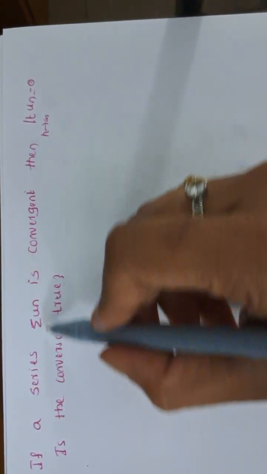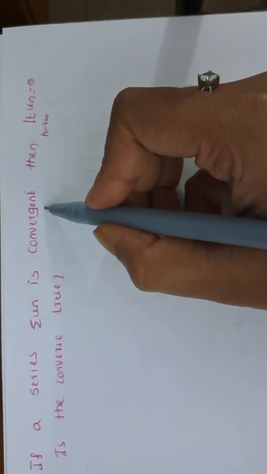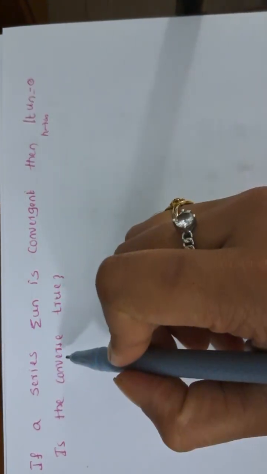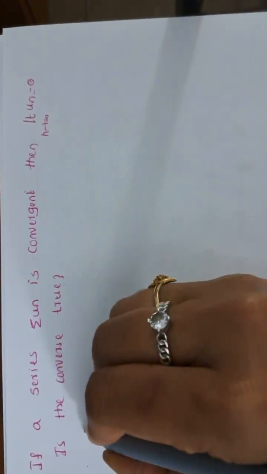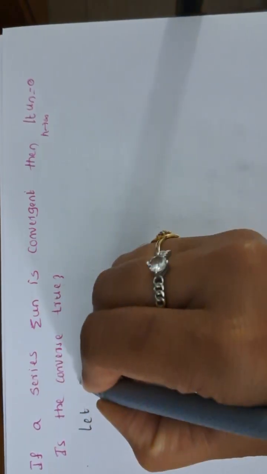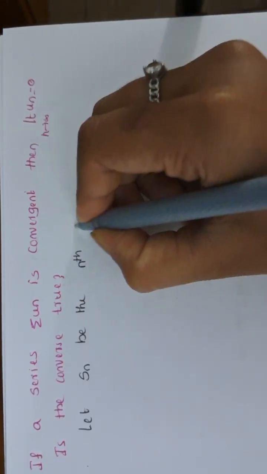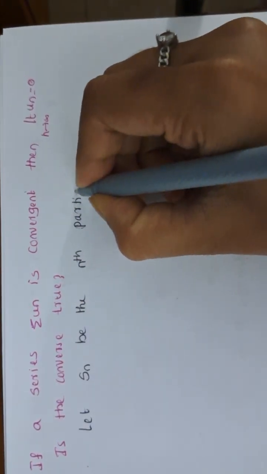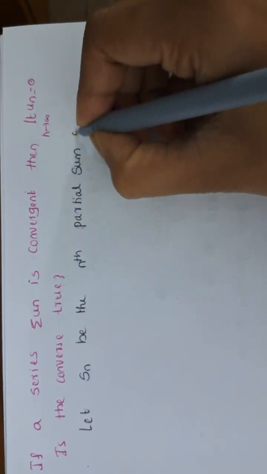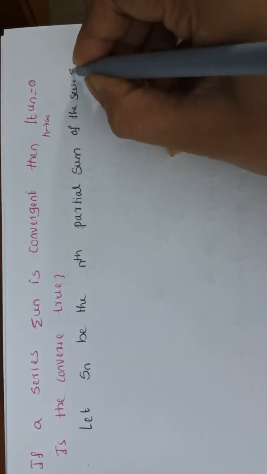In order to prove this, let us start with the given thing. They have given that summation un is convergent. In order to understand this, let us start with the partial sum. Let Sn be the nth partial sum of the series summation un.